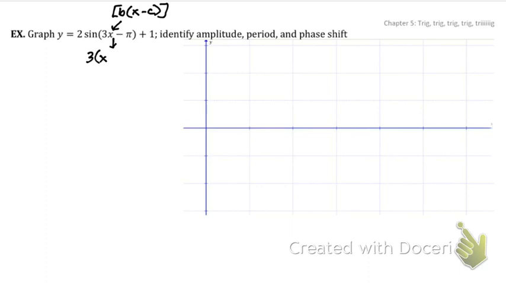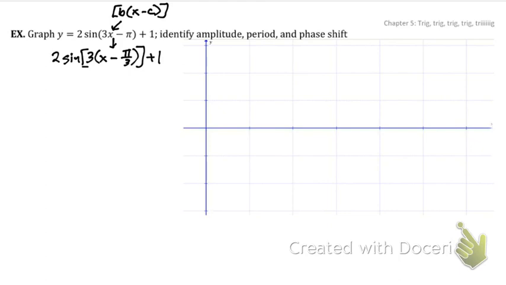So I'm going to divide that by 3. So we have minus pi over 3. Especially when it's complicated, I just double check. All right, that'll be 3x. Yep, that'll just be pi. We're good. So you have to rewrite that. So this is actually going to be 2 times the sine of 3 times the quantity x minus pi over 3 plus 1. Now you can continue.